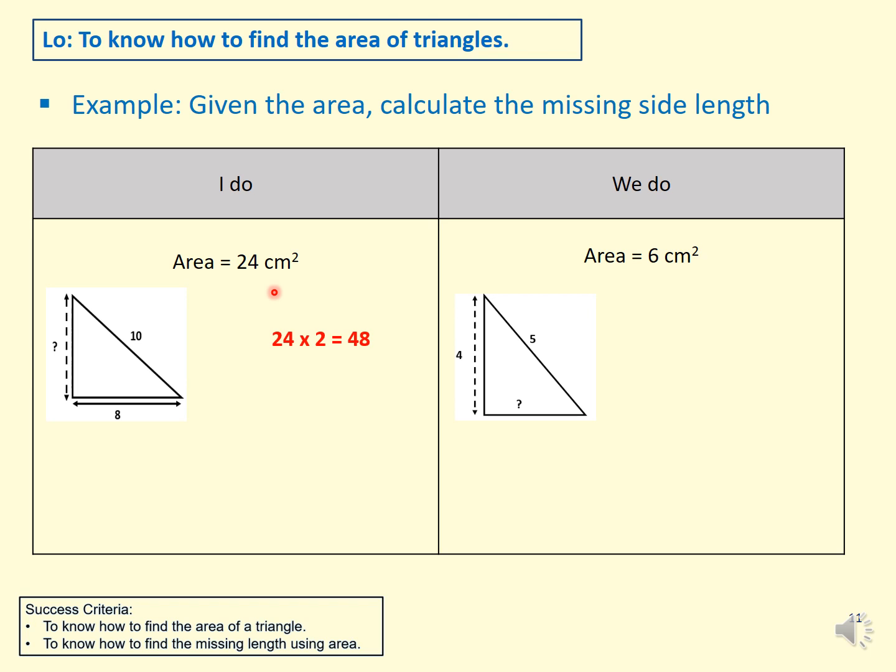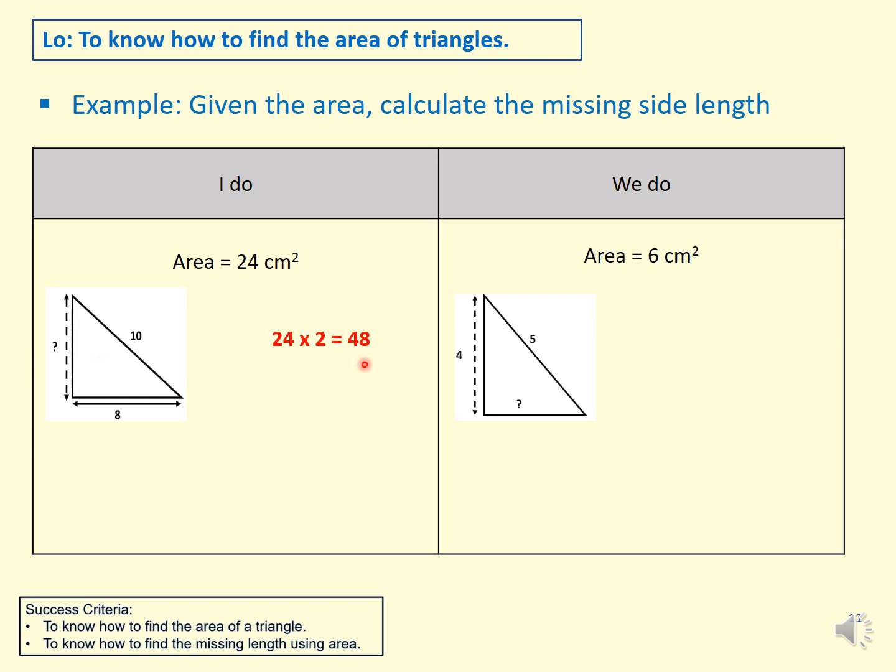Again, because the last step of area was to divide by 2, and because you're going backward, instead of dividing by 2, you're doing the opposite. You times by 2. So you do 24 times 2, which is 48. That 48 means you have a multiplication of 8 and another number, and your answer was 48.